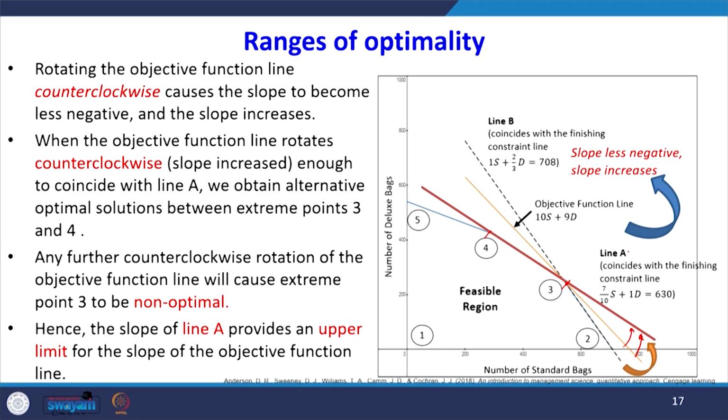So, if you rotate this orange line beyond this red line, then solution point 3 will not be the optimal solution. Hence, the slope of line A provides an upper limit for the slope of the objective function line.